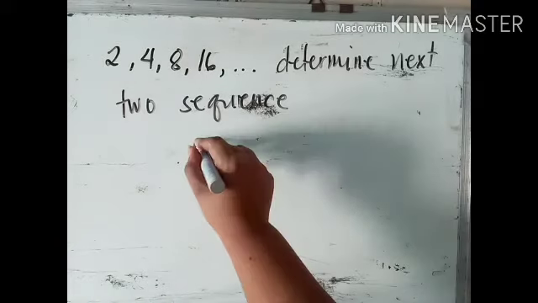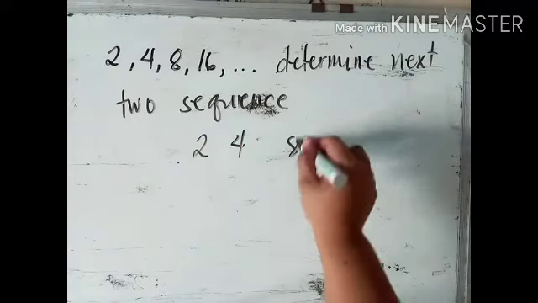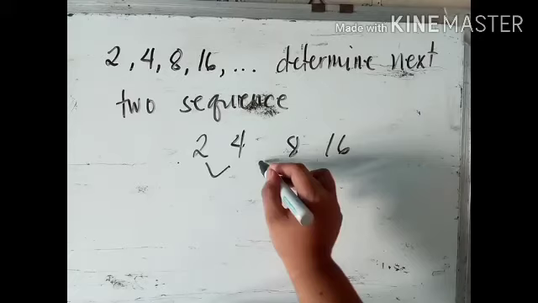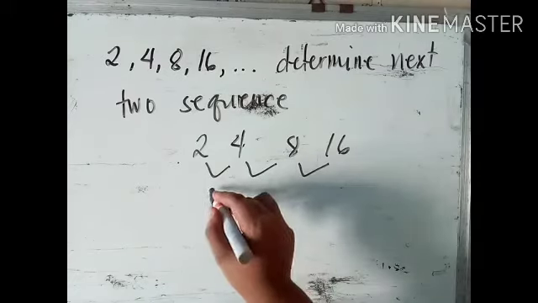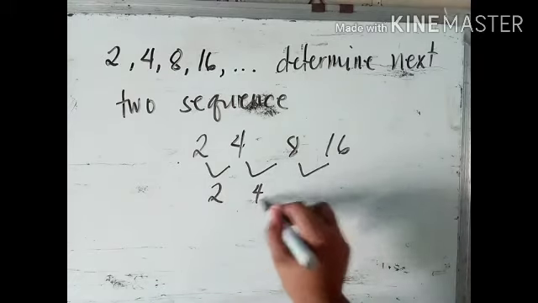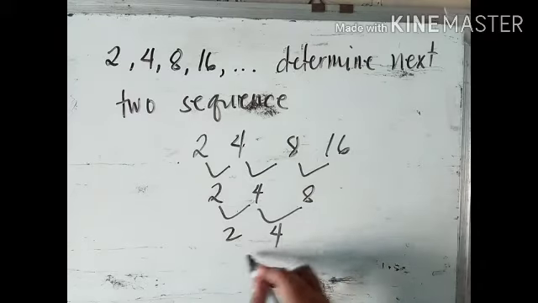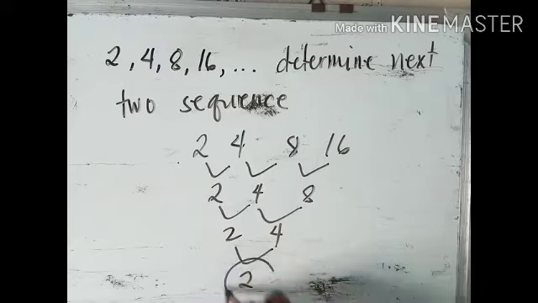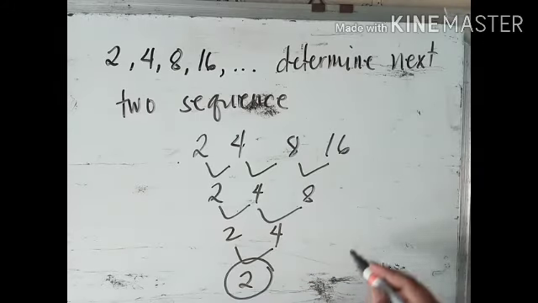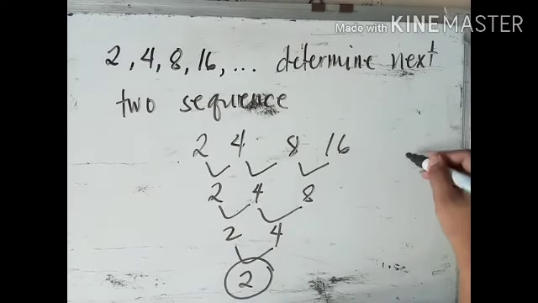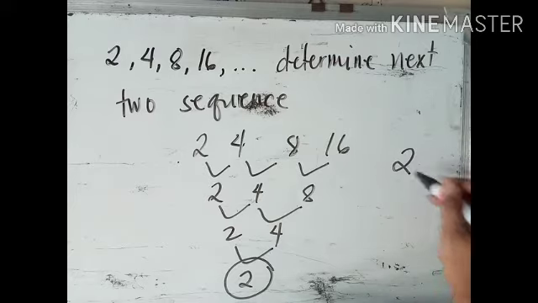The first thing to do is to write the sequence and get the difference. This is 2, 4, 8. This is 2, 4, and this is 2. So the last difference is 2, so it means we are going to use that as the base.